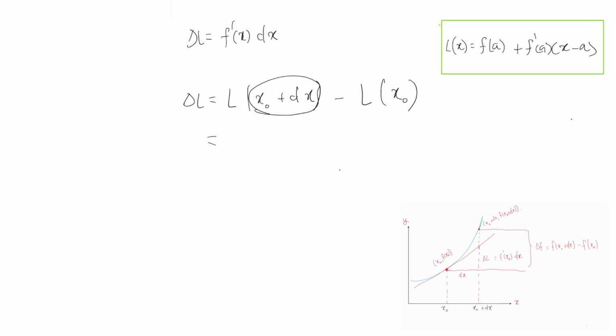So we will plug in f of a, any point we're considering for the linear approximation. In this case, it's x naught. So we'll write f of x naught, the point at which there's a linear approximation, plus the derivative at that point, times x plus dx, this arbitrary point, or sort of the x value that we're inputting here, if you see on the side, minus the point we're considering.